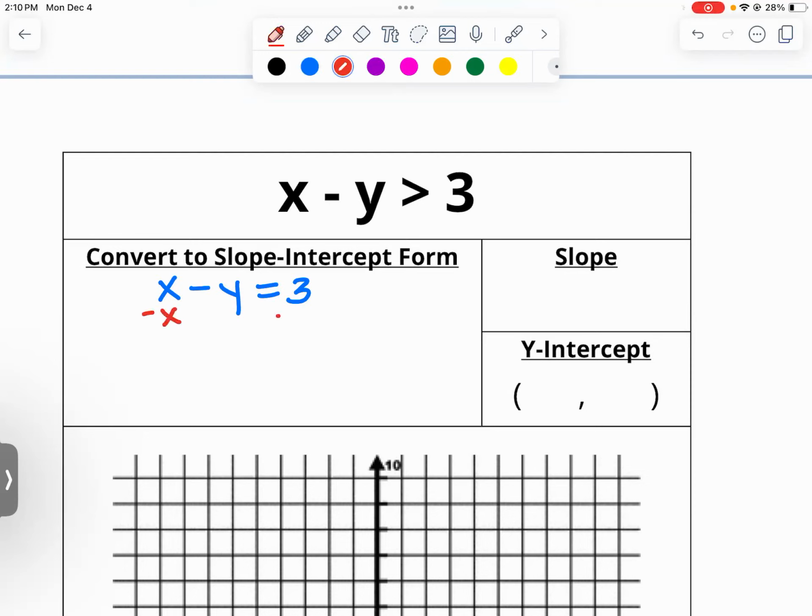Subtract x to undo it. Now I have negative y equals negative x plus 3. Now we can divide by negative 1. So now we have y equals positive x minus 3.